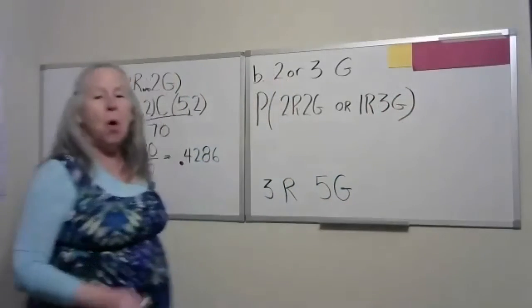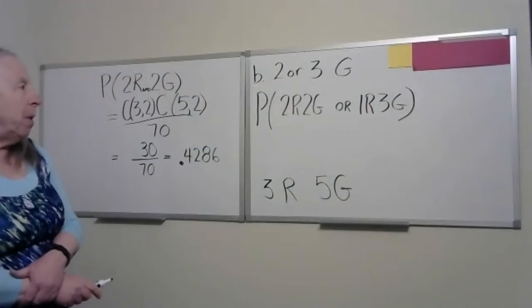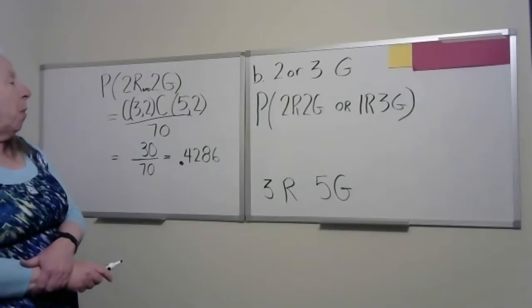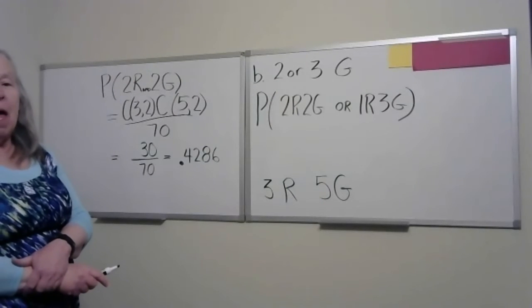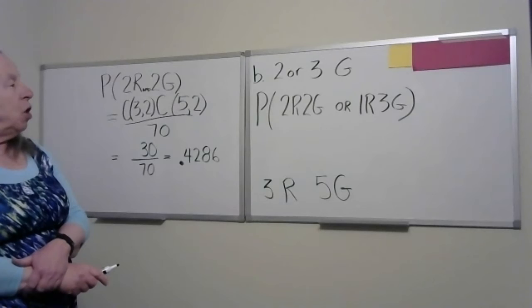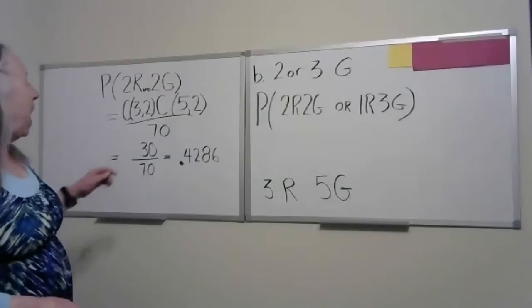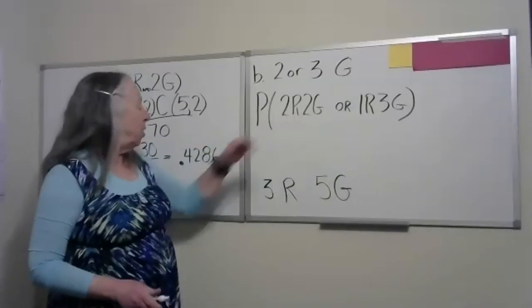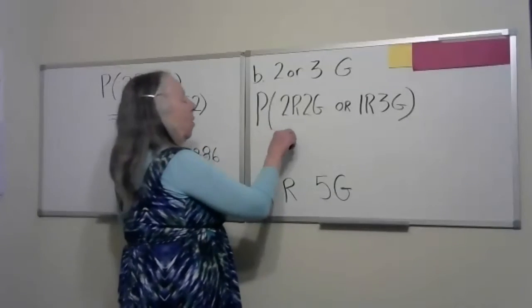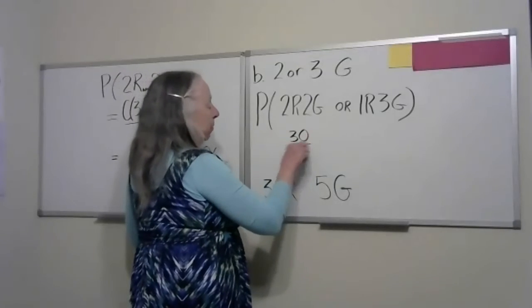Now, what does or mean as far as our probabilities? What are we going to do with our probabilities if we have an or? Jim? We're going to add them. Okay. So we've already calculated the 2 red, 2 green is 30 over 70.